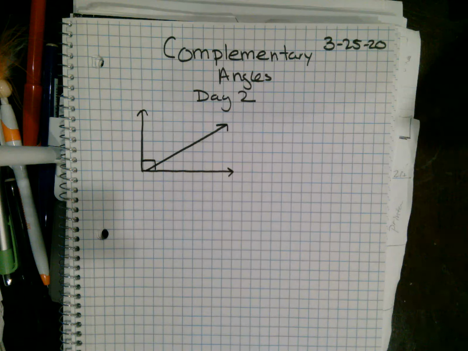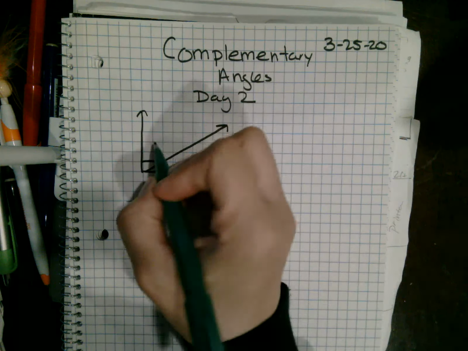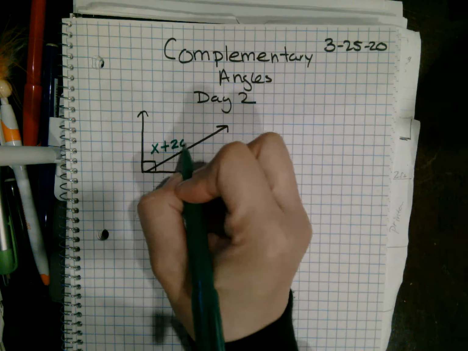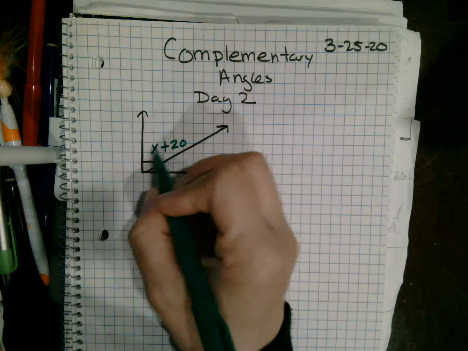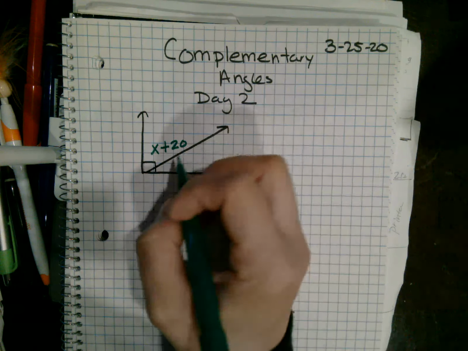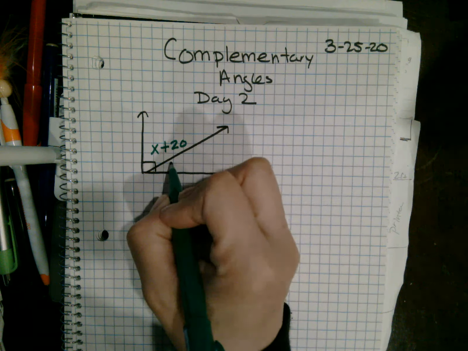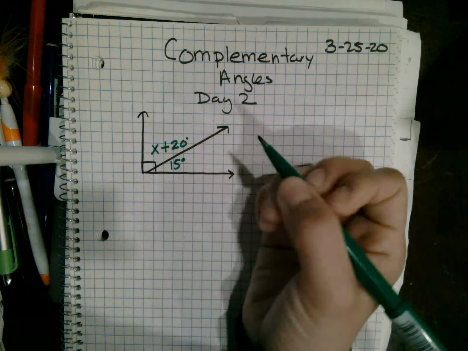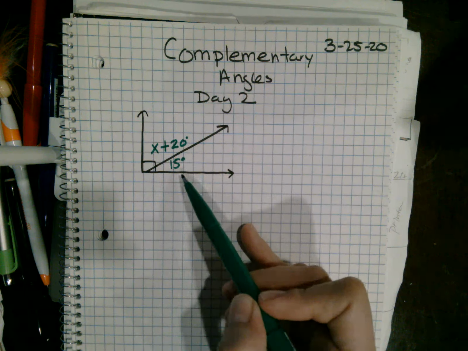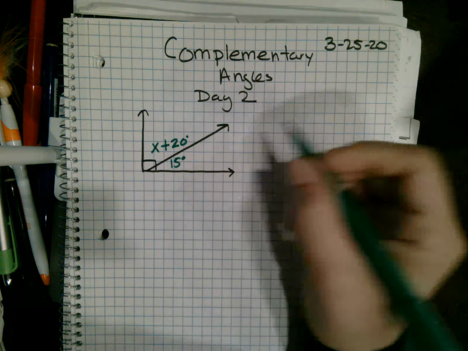Okay, so now we're going to say that this angle is x plus 20, and this angle is, let's say, 15 degrees. So we set up our equation.